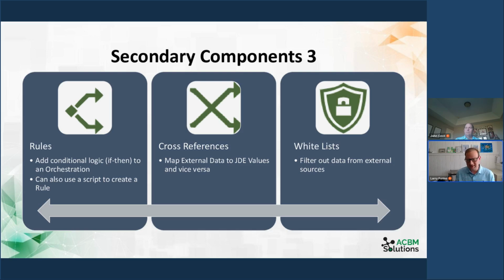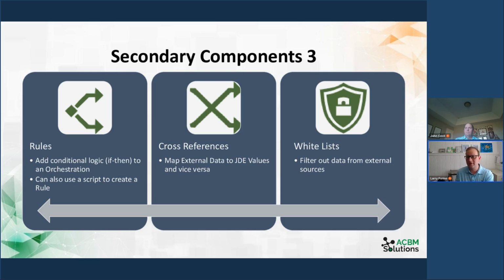The classic example I always talk about is if you're receiving an address book record from your CRM system, and your CRM system sends over the information for that new address book record, and you have an orchestration that creates that address book record for you. Well, now you have all the information to also set up the cross-reference so that going forward, when the CRM system sends you that same information, the CRM system doesn't need to know what address book number you created in JDE or store that or maintain it anywhere.